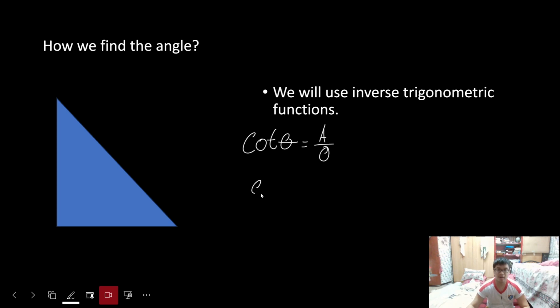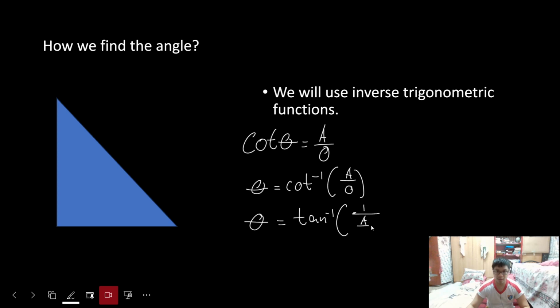So if you want to find the angle with the use of cotangent, you will have arc cotangent of A over O. Or you can use this one instead, which is arc tangent of 1 over A over O. That's it. Okay? So if in your calculator you have this one, then you're lucky. But if you don't have, just use this one. Okay, just use this one.